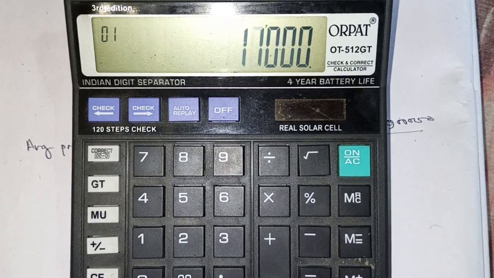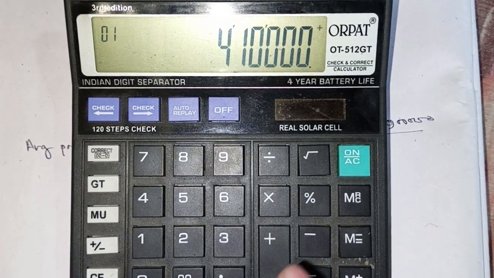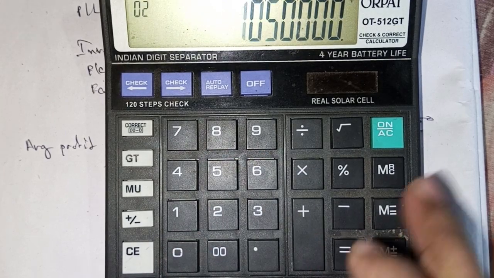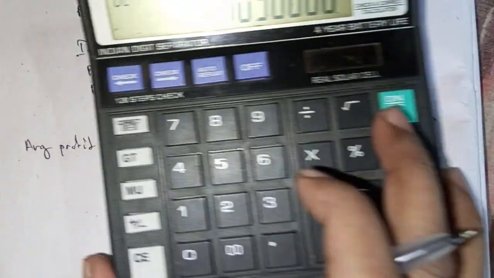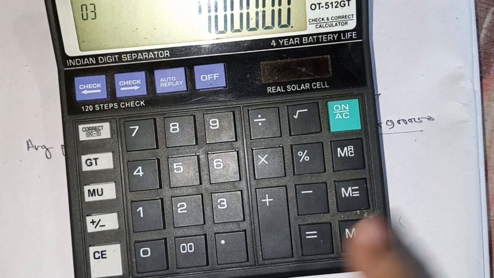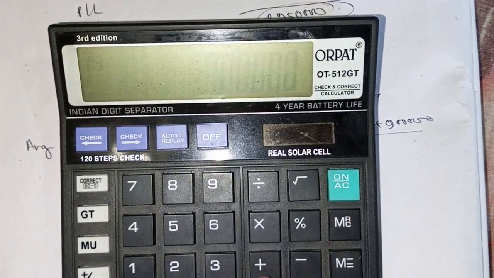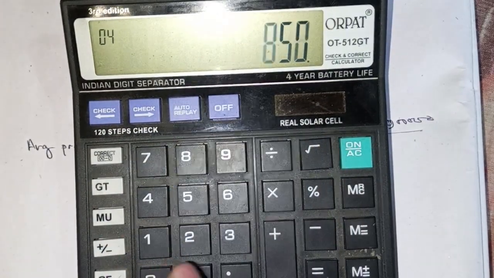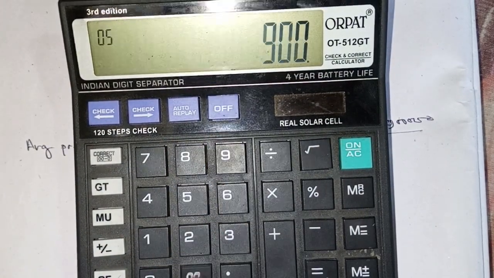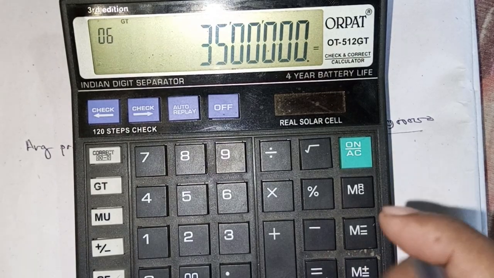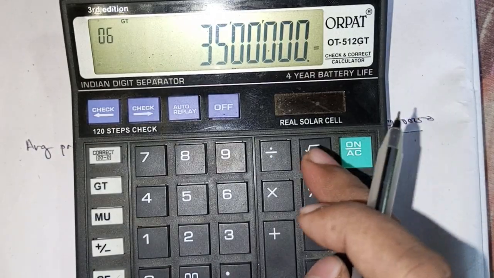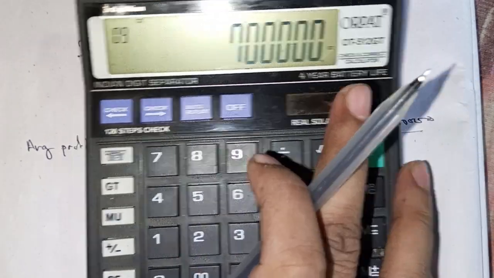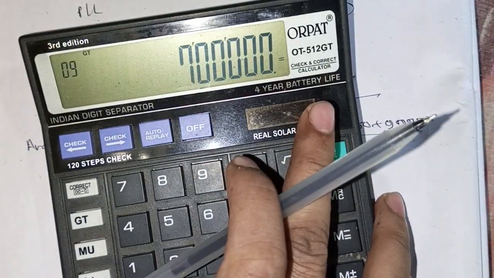I've added, this is 35 lakh. If I divide it by 5, our average profit will be 7 lakh.